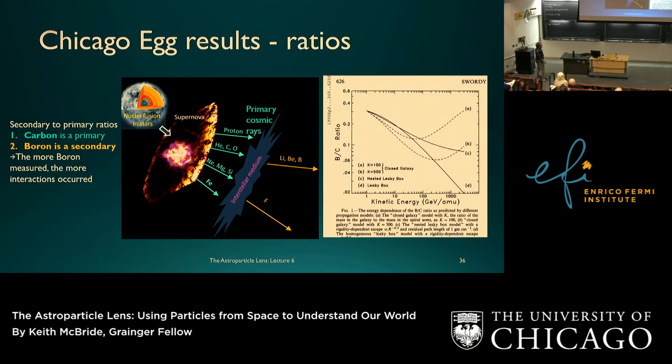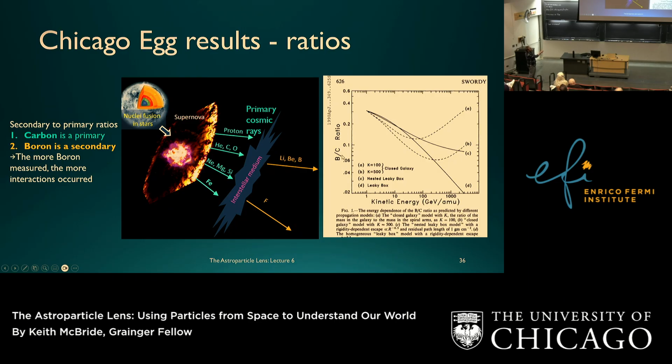And so the Chicago egg went and performed this really interesting scientific measurement, because if cosmic rays are confined to the galaxy or there's a lot of material in the galaxy, we should measure a lot more boron. There should be a lot more production of boron.